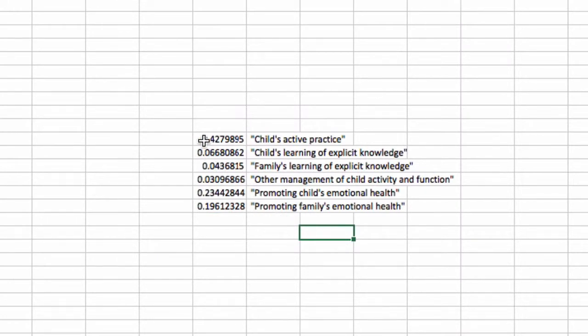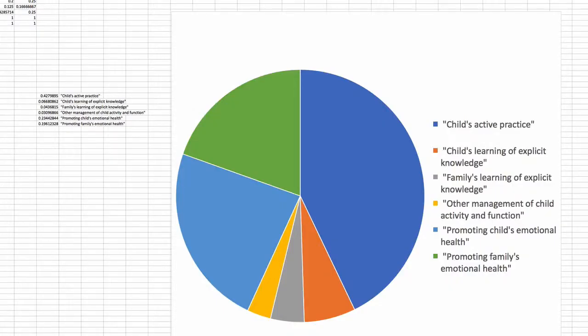So we're saying that the rehabilitation interventions that we're currently giving to this young man comprise 43% active practice, just over 6% child's learning of knowledge, 4% mum's learning of knowledge, 3% other management of activity and function, but quite a bit of emotional health and family emotional health. So these percentages, these fractions add up to 1, and if you wanted to, for example, you could show that data as a graph.